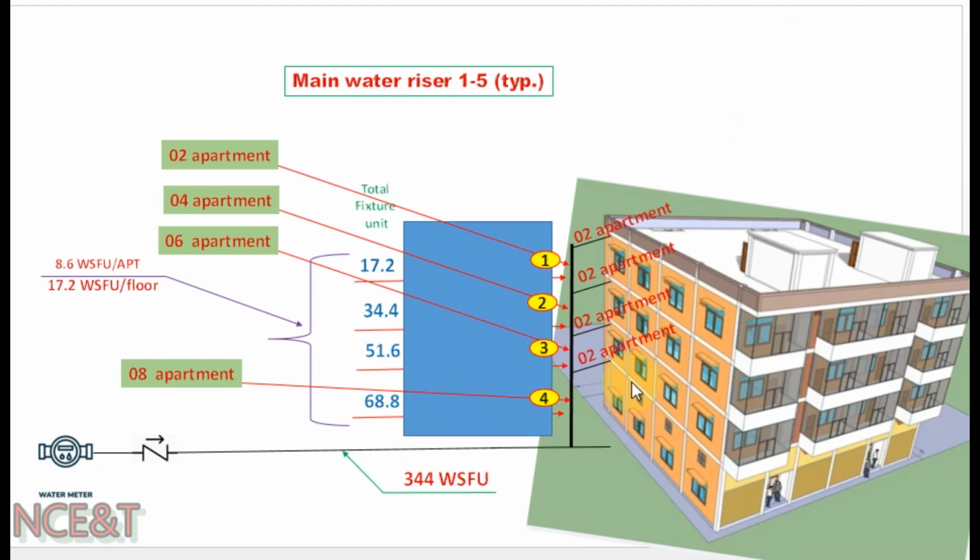So we can divide this riser into 4 pipe segments, 1, 2, 3, 4, each segment having a different load value, and it will result in different GPM and different pipe size. The total load value for this riser is 68.8 water supply fixture units.